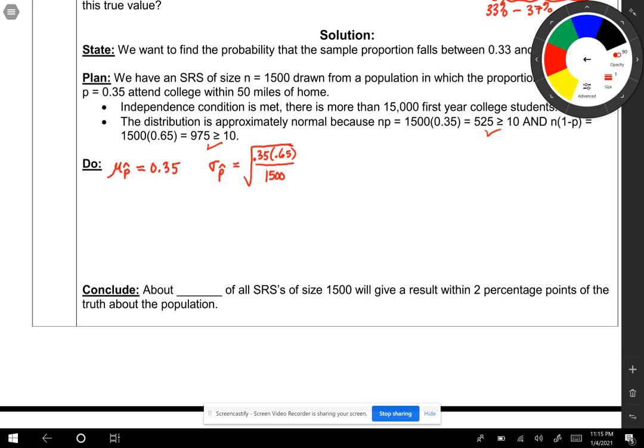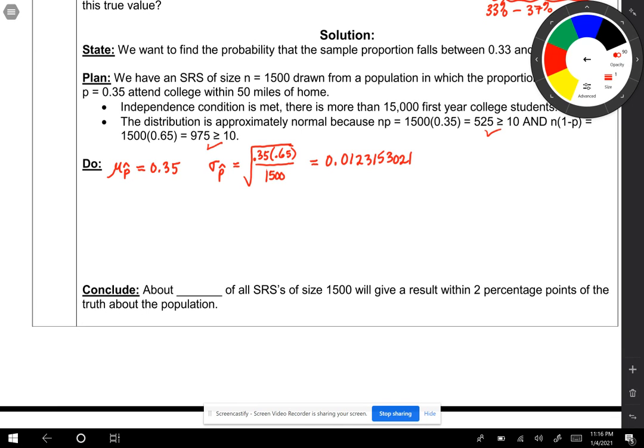And honestly, when you're rounding, I would try and keep as many decimal places as you can so you minimize errors, and we'll talk about errors later on in the semester. So I didn't for the previous problem because I knew that I didn't have to calculate any kind of probability. So this is 0.012315302. So we have the two things that we needed, the mean and standard deviation.